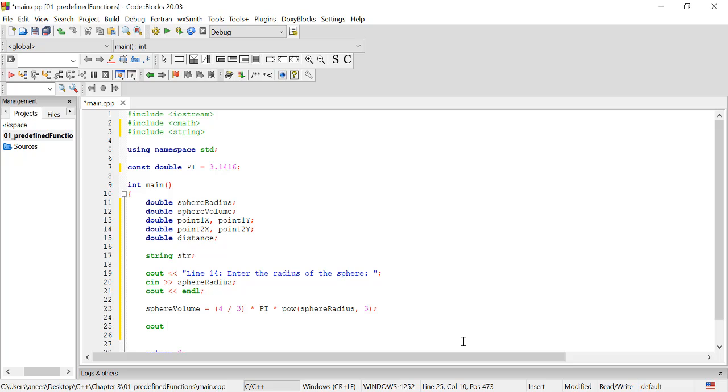Cout line 18, the volume of the sphere is sphere volume, endl.